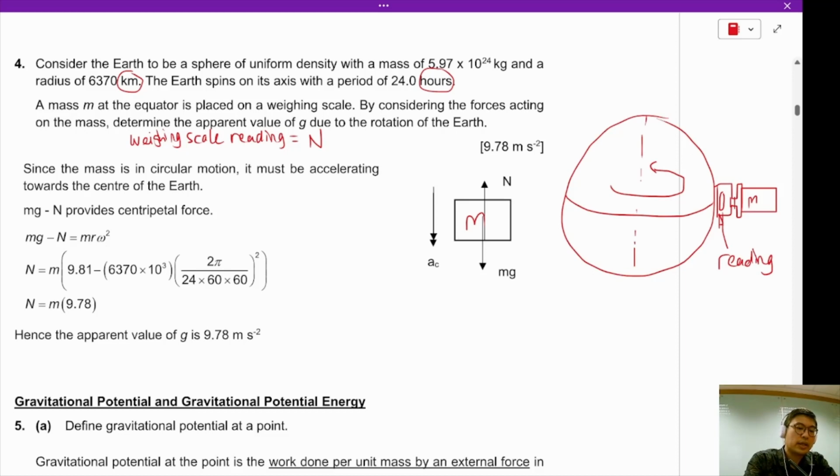So since the acceleration is towards the Earth, then we can write down the equation mg minus N equals the centripetal force. For the centripetal force, in this case, we use m r omega squared. Okay, so we have mg minus N equals m r omega squared.